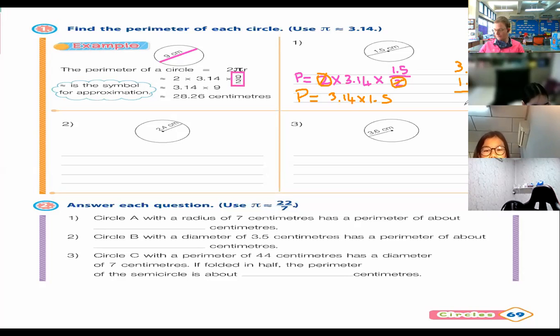Do we have an answer so far? What is the perimeter of this circle over here? Who can tell me?